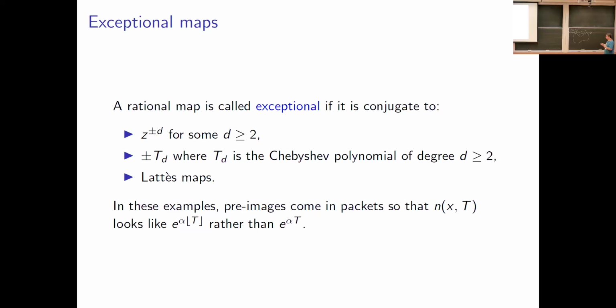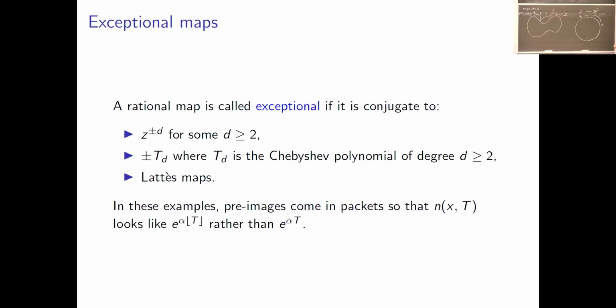So, for example, in case of z goes to z squared, the Julia set is a circle. And the derivative is always a power of 2.